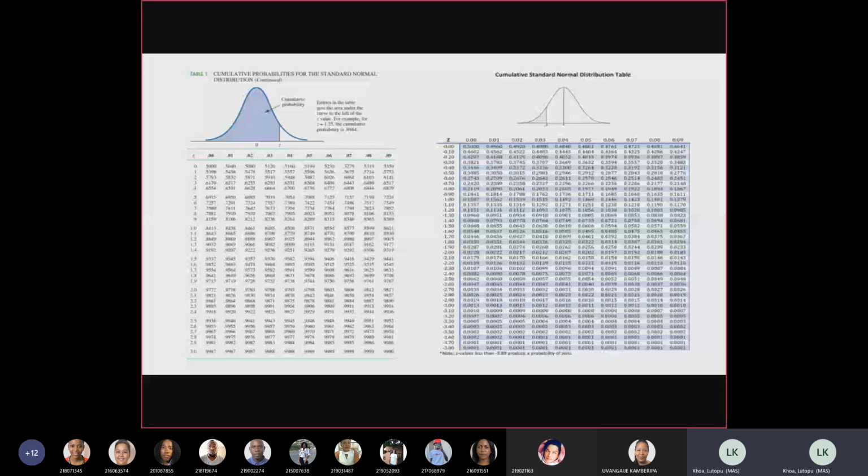The first one over here gives you the cumulative probabilities, so the shaded area is the area that the table gives you. And the one on the right is similar, except that it only goes up to 0.5, so it will never go beyond 0.5.